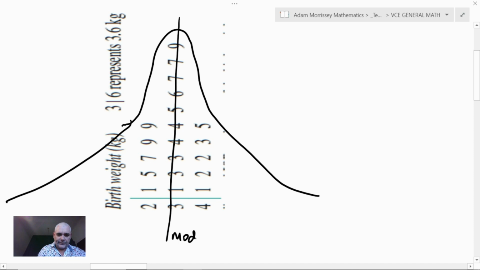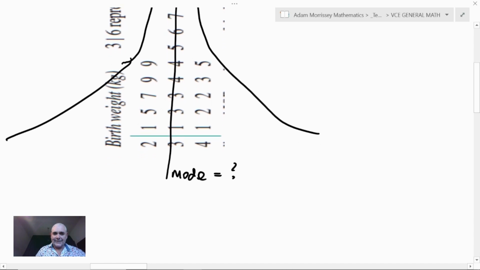So the mode is in here. And it's a bit hard, we can't calculate the mode because we've got two lots of 3.2, 3.3s, two lots of 3.4s, and two lots of 3.7. So we can't calculate that, but we know it's got to be in there somewhere.